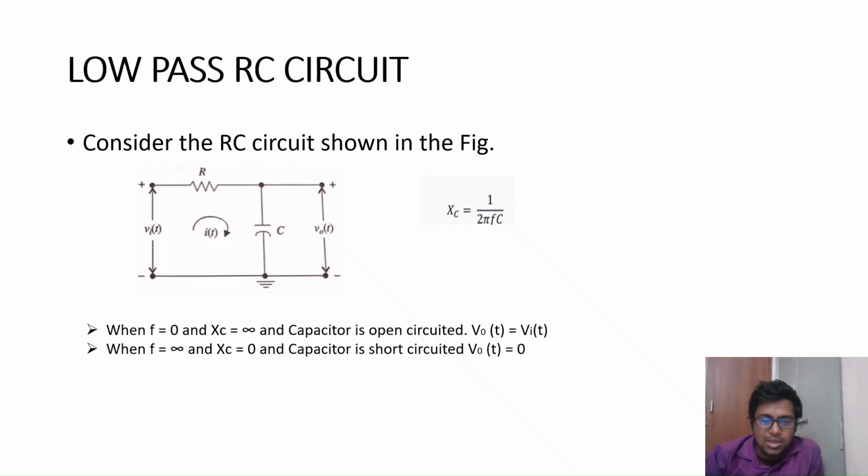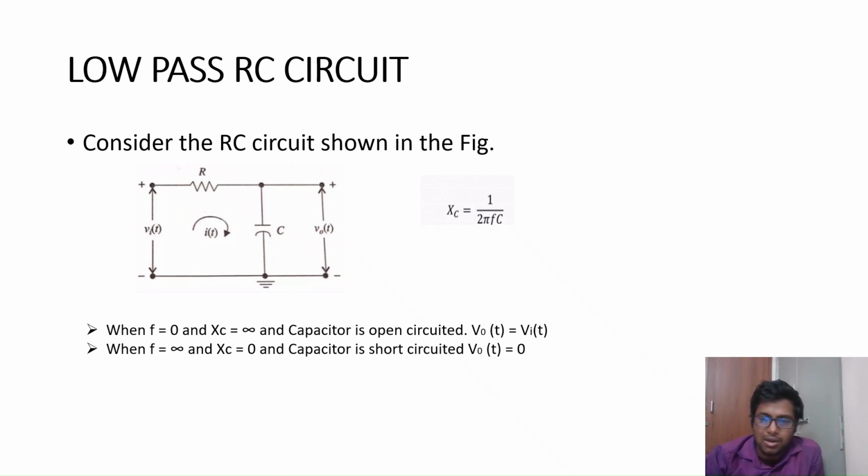So there will not be any current flow through this resistor, and because of that you will not have any voltage drop across this resistor. In this case, whatever input voltage you are applying, the same you will get at the output. That is, the output voltage is the input voltage.